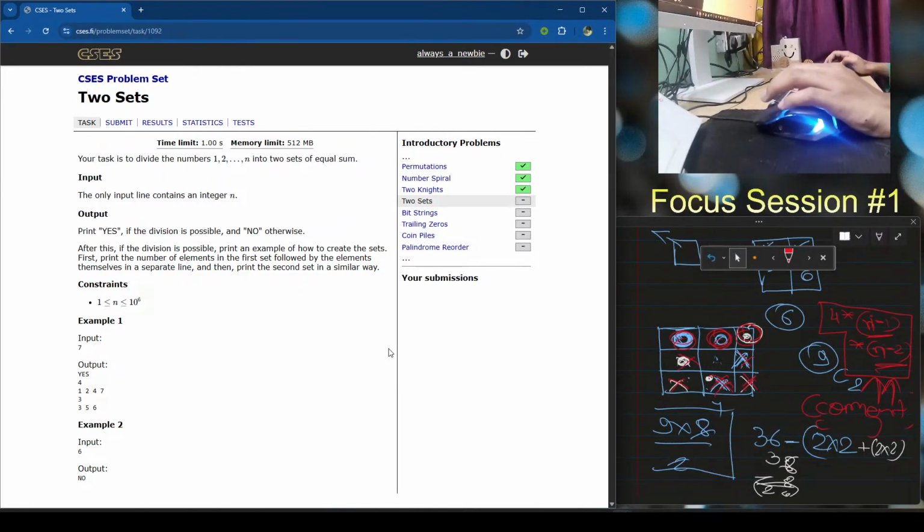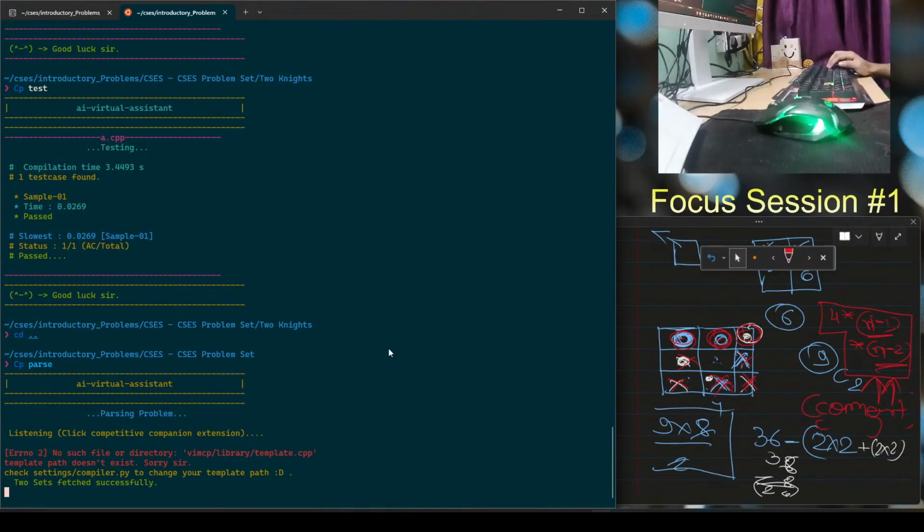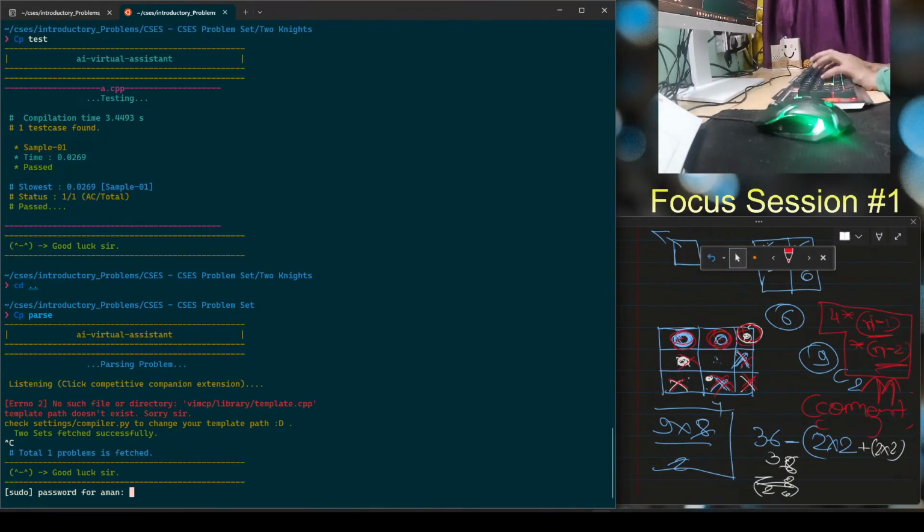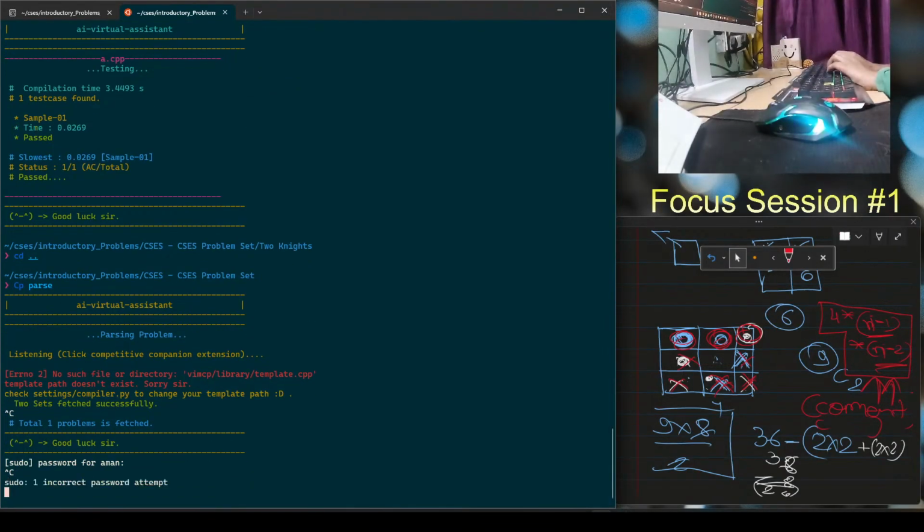Two sets. We need to divide numbers into two sets of equal sum. Print yes if the division is possible and no otherwise. After this, if the division is possible, print an example of how to create the sets. Okay, cool.